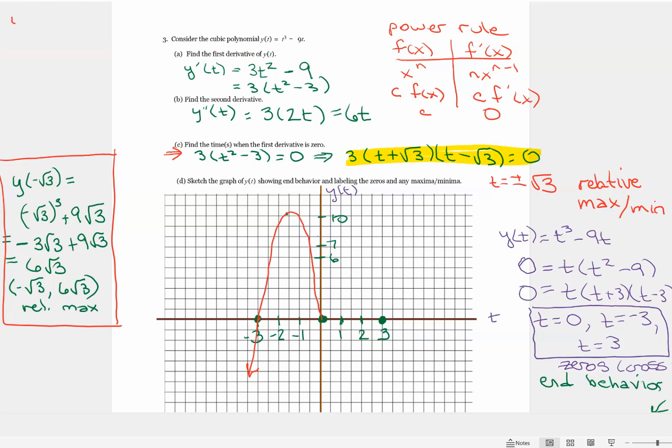I have y of the square root of 3 equals the square root of 3 to the third power minus 9 times the square root of 3. This again becomes 3 times the square root of 3 minus 9 times the square root of 3, which equals negative 6 times the square root of 3, again, approximately negative 10.2.